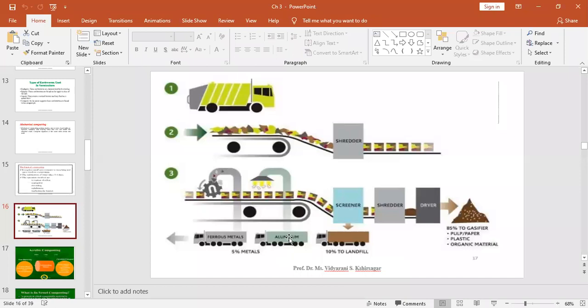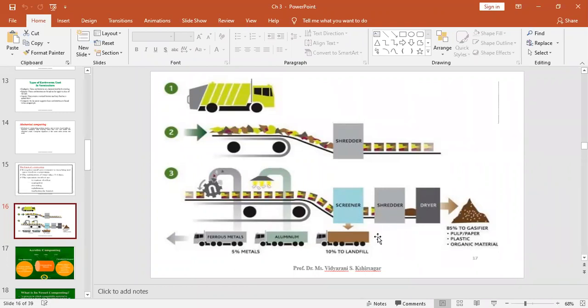These are useful products which we can recycle in the same industry, or reuse instead of sending them as waste. That's why separation is a very important step. Then you can go for shredding and convert the material into very fine pieces, simply cutting the material and converting it into small pieces.